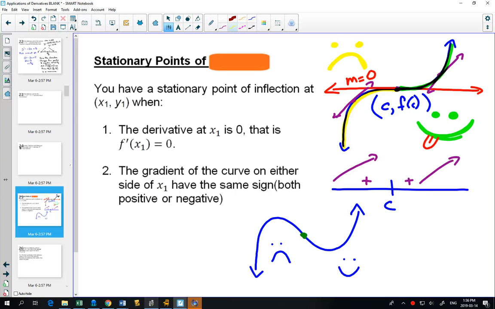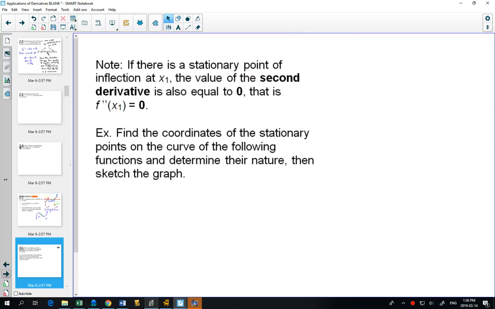About right there. That would be an inflection point, but it's not a stationary point of inflection, because if I drew the tangent right here, it's not equal to 0. So we'll learn about inflection points a little bit later. This is just a little preamble to that.